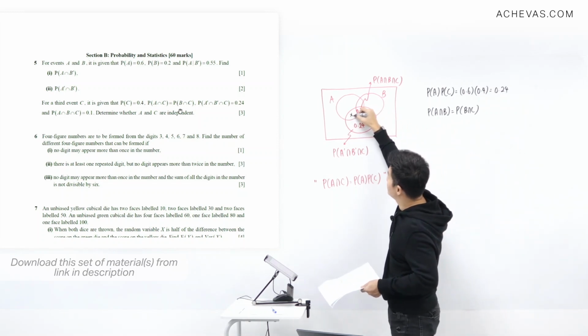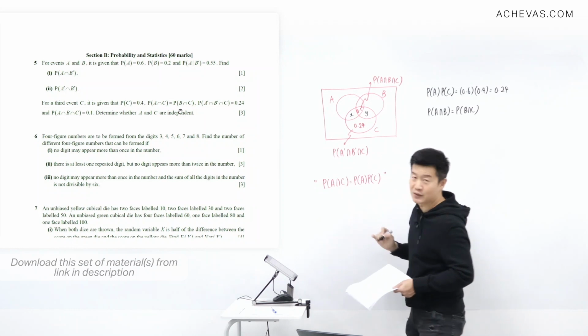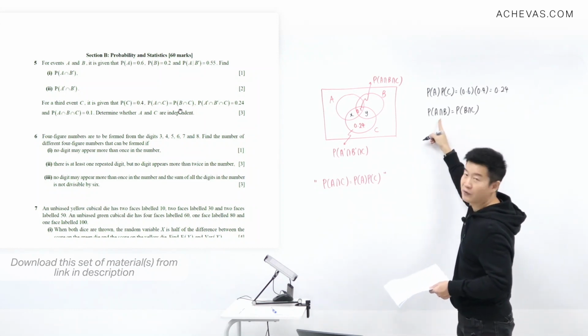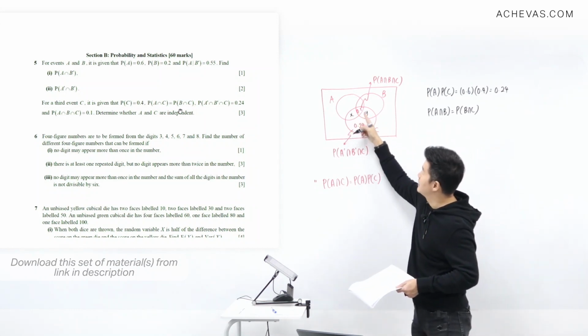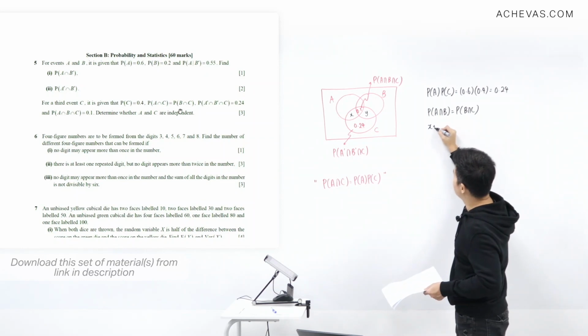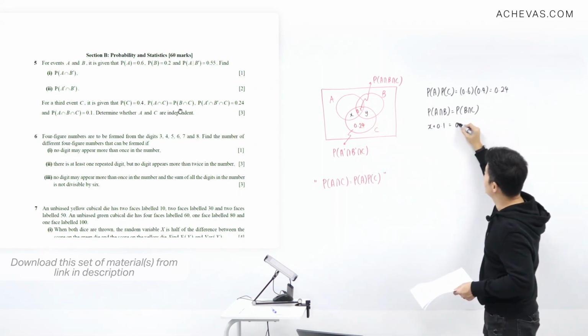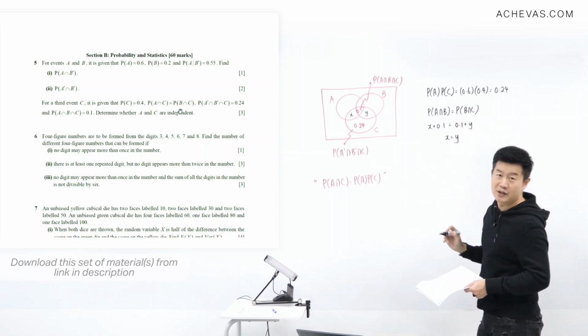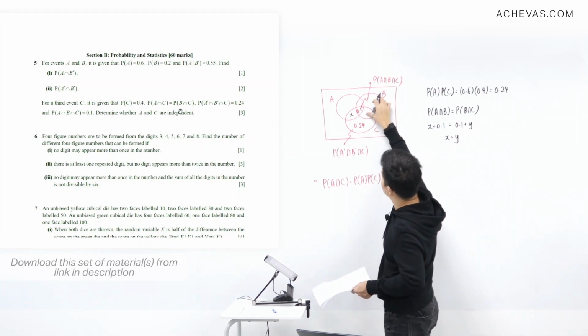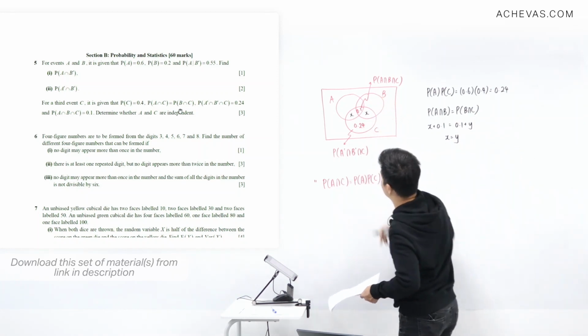Let's say this area here is X. Let's say this area here is Y. That means the probability of A intersect B is going to be X plus 0.1. And the probability of B intersect C is this, which is equal to 0.1 plus Y. So X is going to be equal to Y. So this here is actually X also.